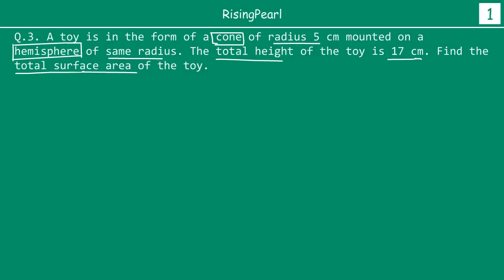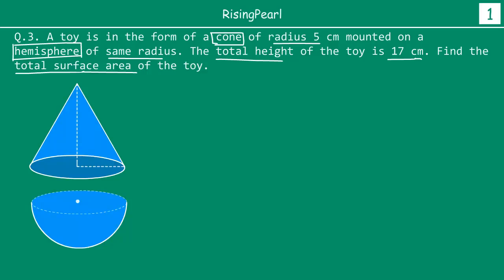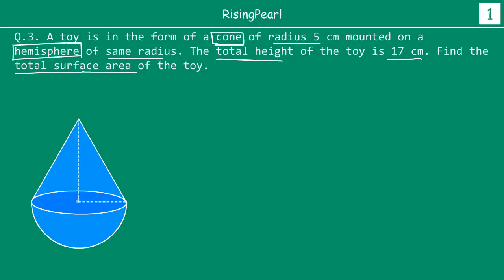First thing we notice is there are no figures or shapes given, so we draw ourselves a cone. This is a cone and then we have a hemisphere, and our cone is sitting on top of the hemisphere like this. Let's take a look at what we already know. This radius r is given to us.